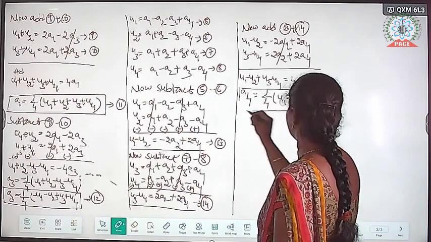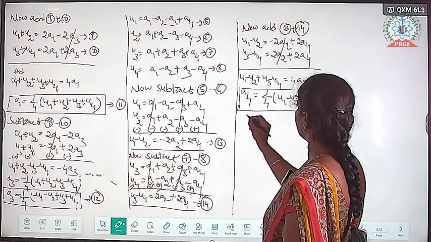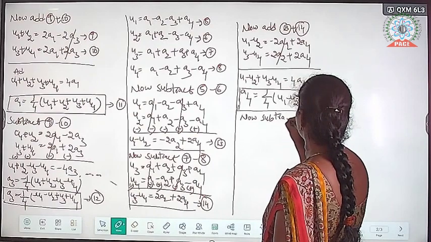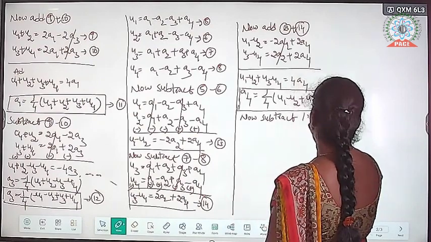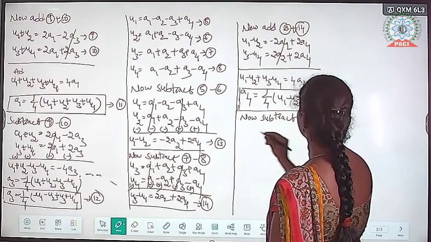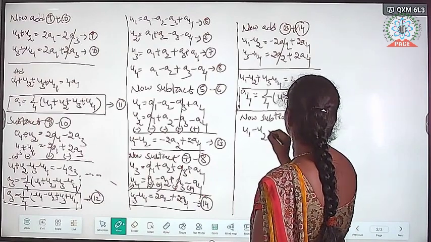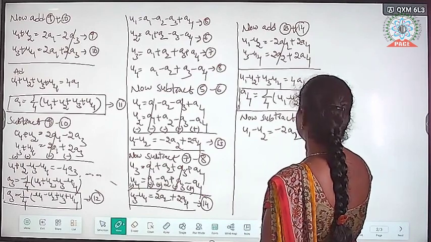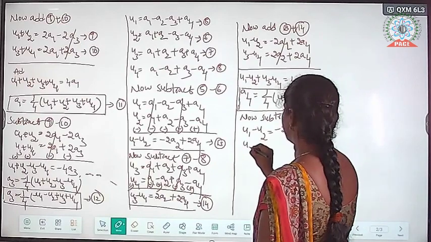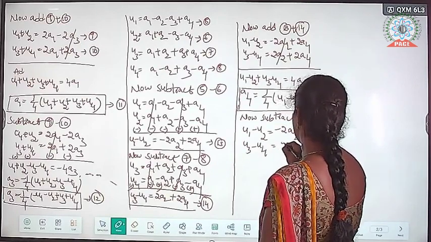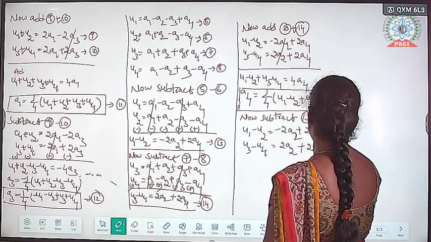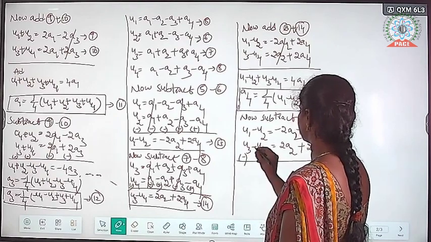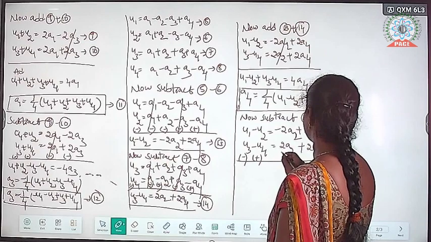Okay. So for getting another coefficient equation, we have to subtract these two equations 13 and 14. u1 minus u2 is equal to minus 2a1 plus 2a4. u3 minus u4 is equal to 2a2 plus 2a4. Now we have to subtract. Here plus u3 is taken as minus, minus u4 means plus, plus 2a2 means minus, plus 2a4 means minus.